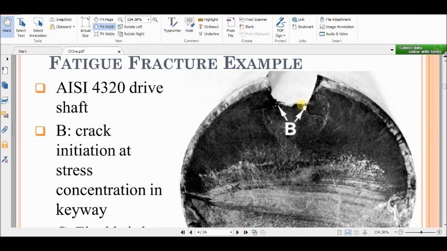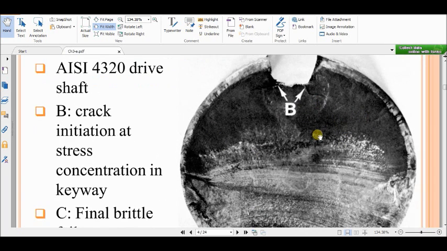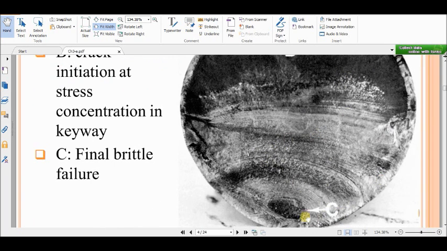The micro crack has started at the location of the key seat, exactly at the fillet at the bottom of the key seat. The micro crack has started, then it propagates through stage 2, and then it will suddenly fail at stage 3.